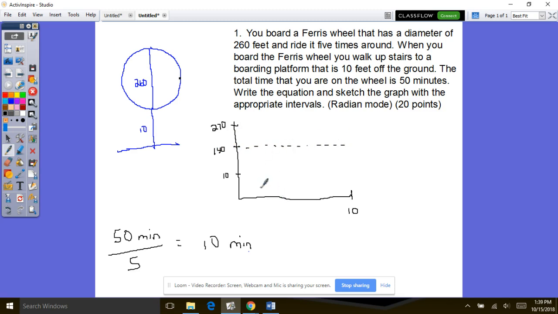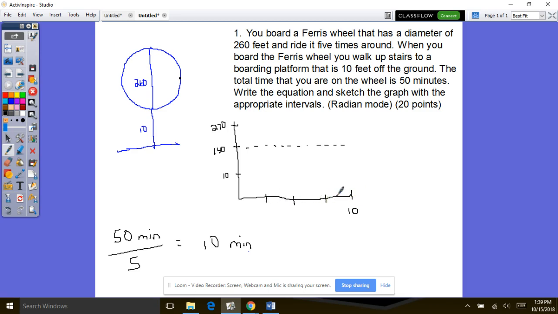Let's go ahead and draw your intervals. Since I know it's either sine or cosine, I'm going to take my period and divide it up into 4 groups. So basically take 10 and divide it by 4, or multiply by 1/4. You can put it in your calculator, or just take half and then take half again.